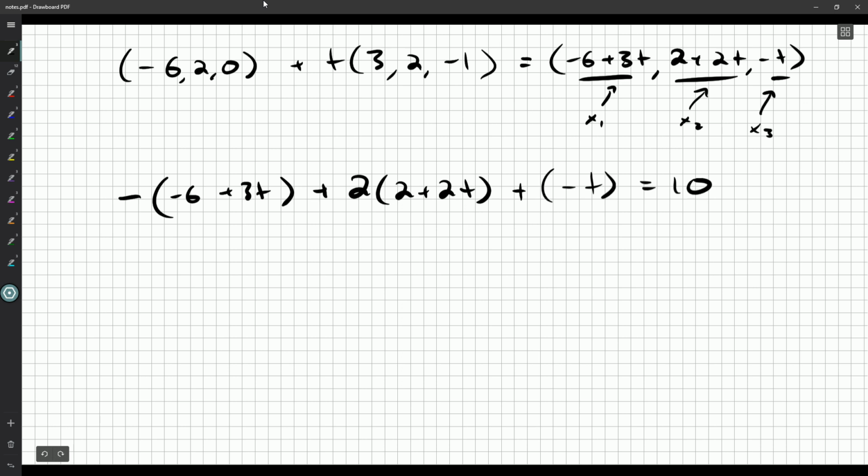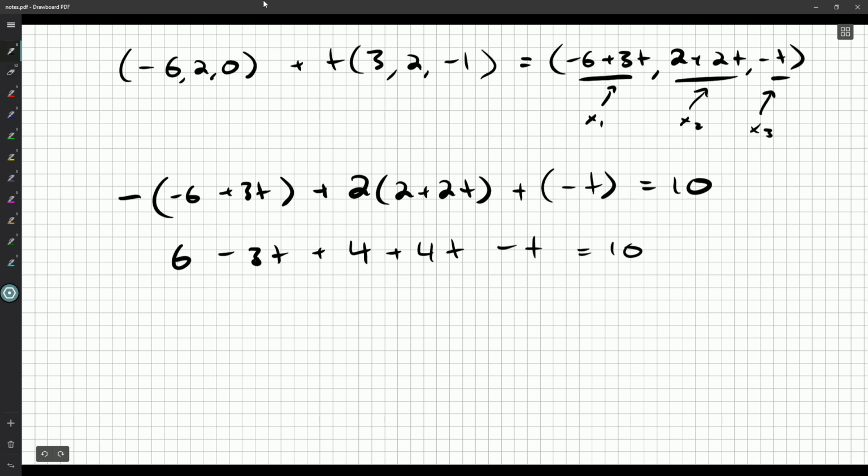Just 10. So all the t's should probably cancel out. So 6 minus 3t here. 2 and 2 is 4. 2 and 2 is 4t. And then plus negative t is really just going to be minus t.